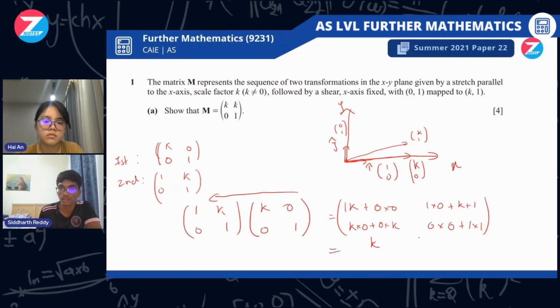This just becomes [k k; 0 1], which is what M is.